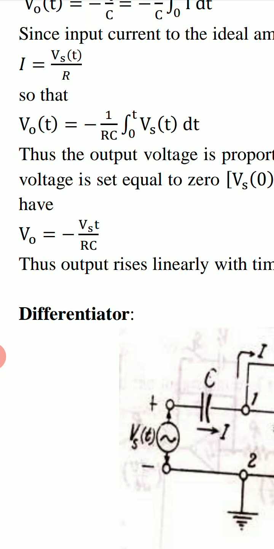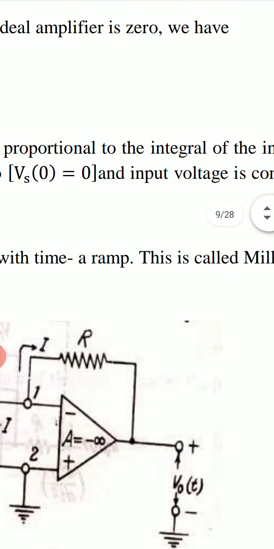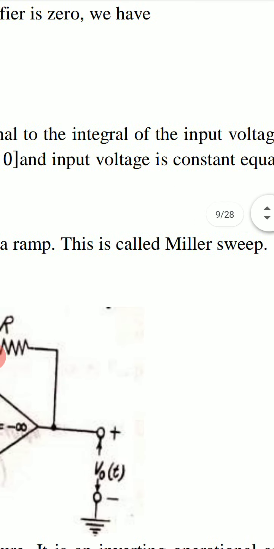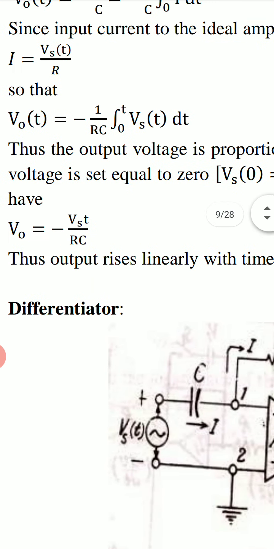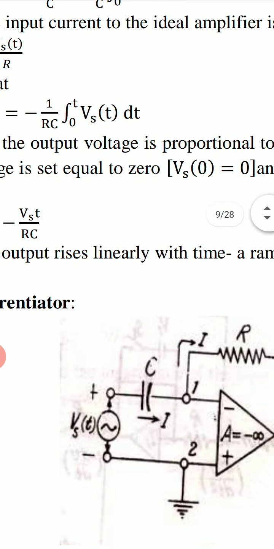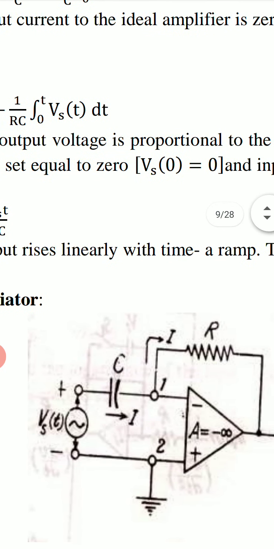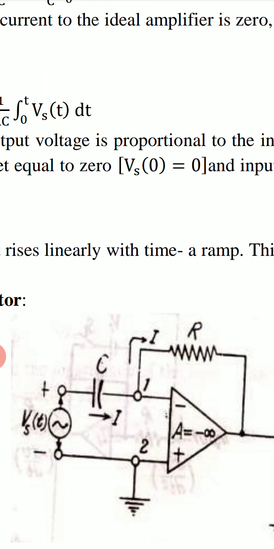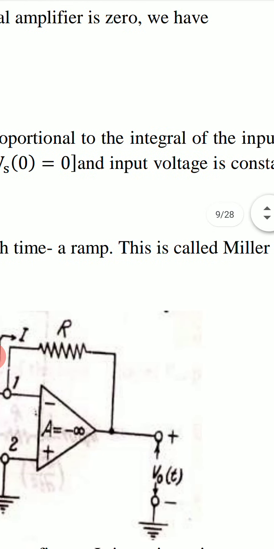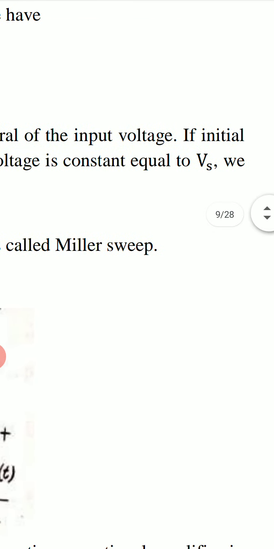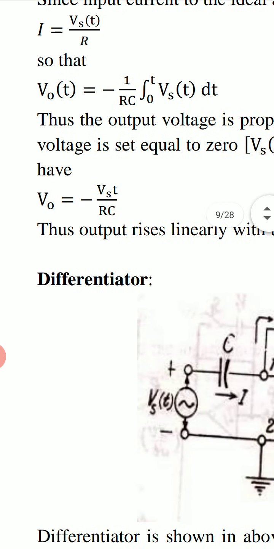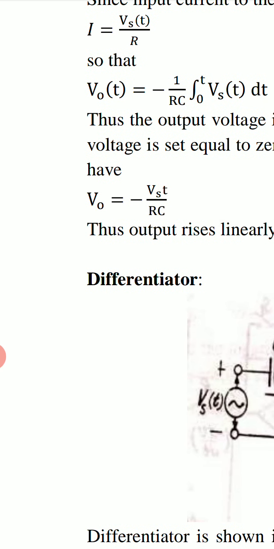It is proportional to the integral of the input voltage Vs. If the initial voltage is set equal to 0, Vs at time t equal to 0 is set equal to 0, and the input voltage is constant equal to Vs, then we have VO equal to minus Vs t upon RC.